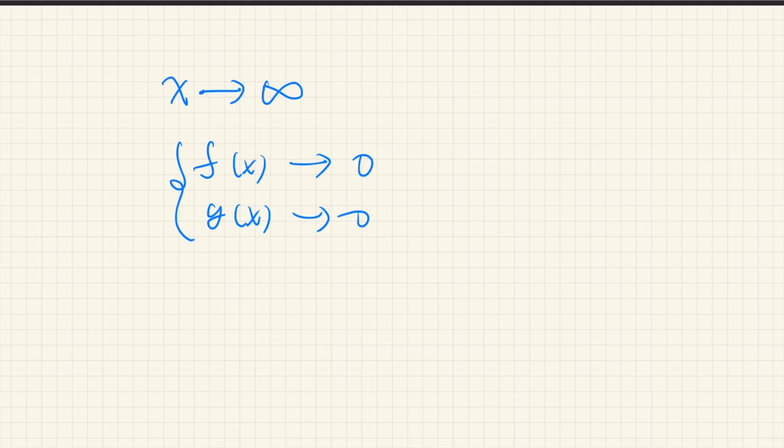But in this case, if we just make a substitution, x equals 1 over t, or t equals 1 over x. If x goes to infinity, then t goes to 0.